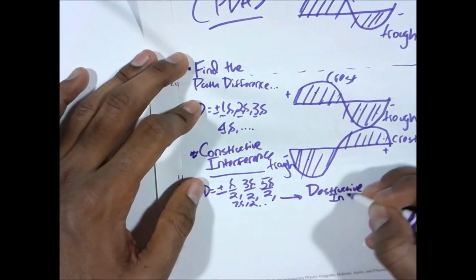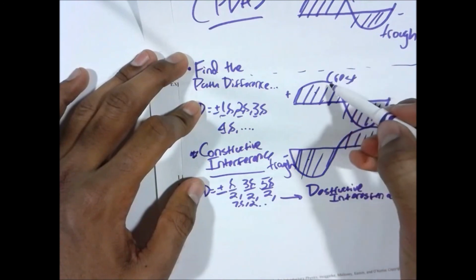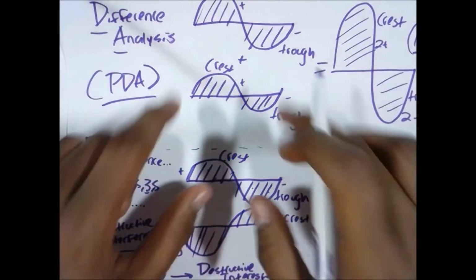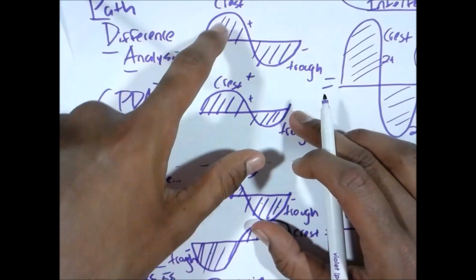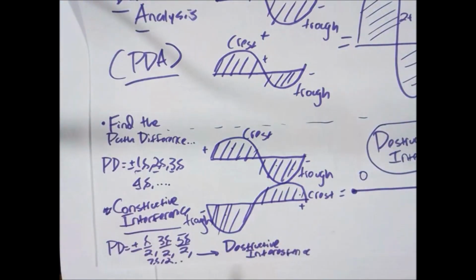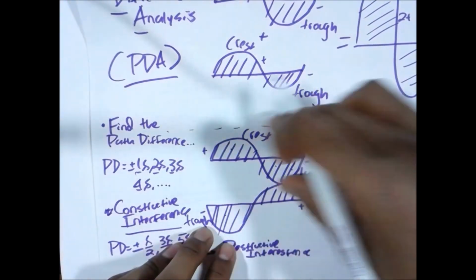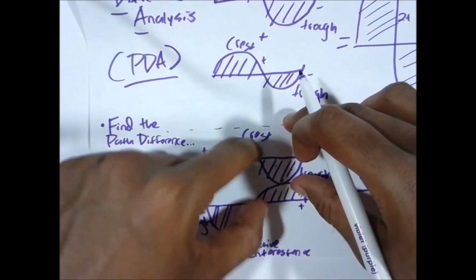Because that means that the crest from one wave is meeting the trough of another wave. Okay? So crest to crest is a full wavelength. Crest to trough is a half of a wavelength. One wave from point source 1 is meeting a wave from point source 2 exactly half a wavelength apart.